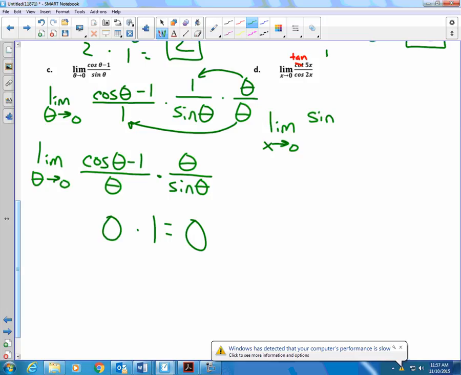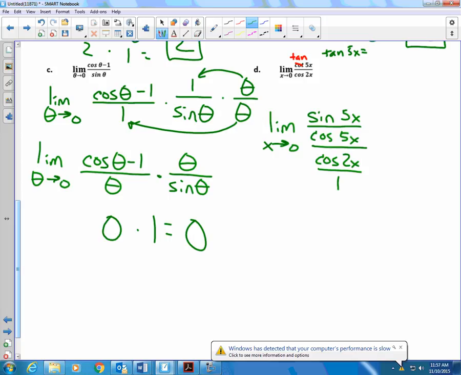So tangent of 5x is equal to the sine of 5x over cosine of 5x, right? Over cosine of 2x over 1, right? And so some people might rewrite it like that and then multiply by the reciprocal and try to get a 5x in the denominator, stuff like that. Good. Okay. You don't have to do that.